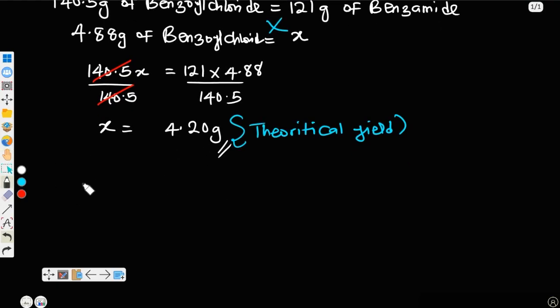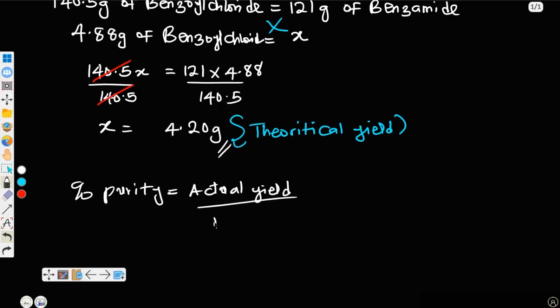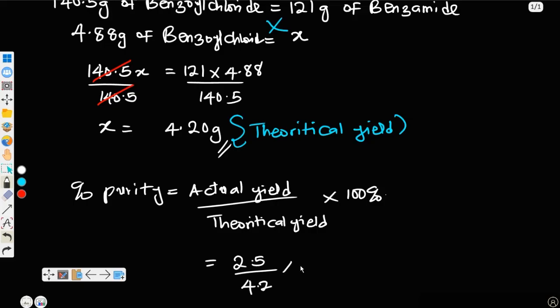So how do we do this now? To calculate percentage purity, we said percentage purity is equal to actual yield over theoretical yield times 100%, which is equal to 2.5 over 4.2 times 100%.